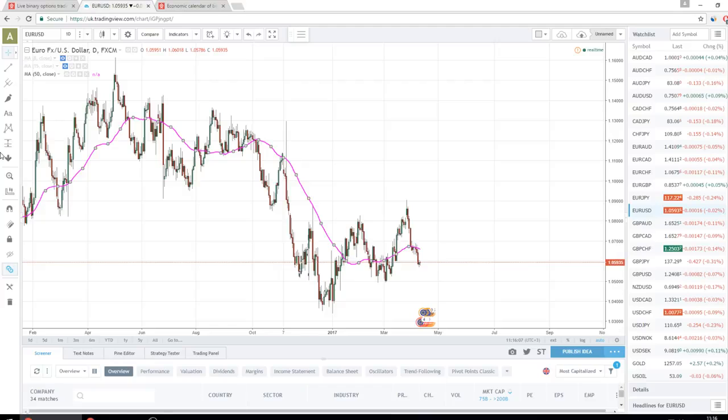Well, basically, it can be used both by traders who prefer long-term trading and by those who prefer short-term trading. Of course here I show you the chart with a 1 day time frame, but you can also use it for 1 minute, 5 minutes.